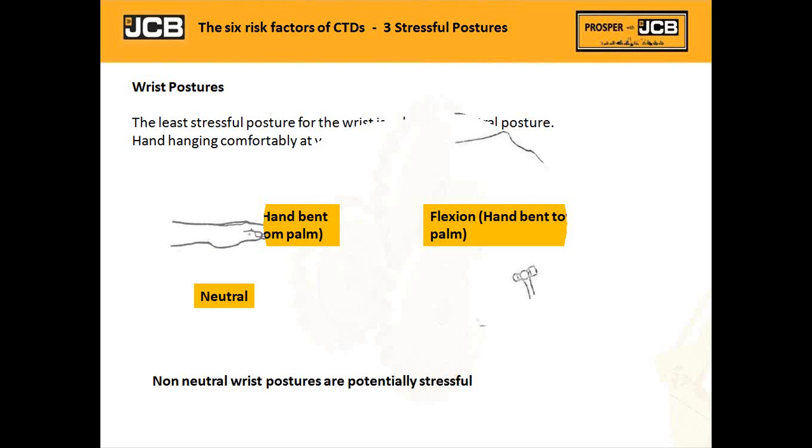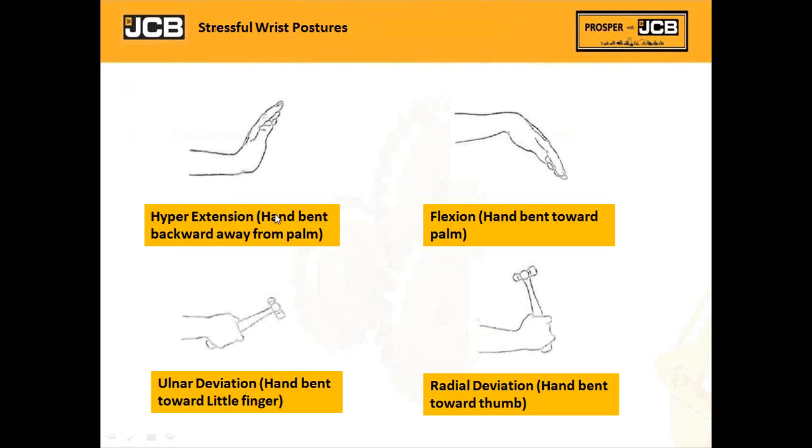Now this is the wrist, and when the hand is bent backward from the palm, here you see this is the hand, but now the hand is bent. Here the wrist is exposed to stress. So this is a stressful wrist posture. Again, when the hand is bent towards the palm, we are exposing our wrist to stress.